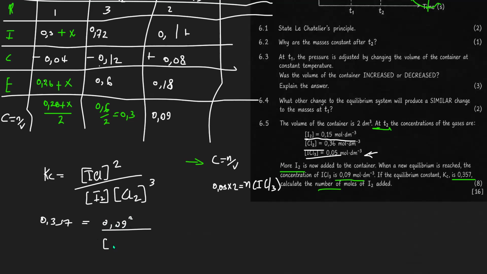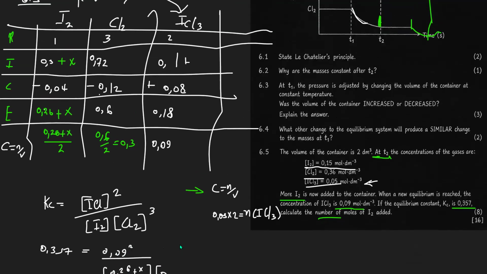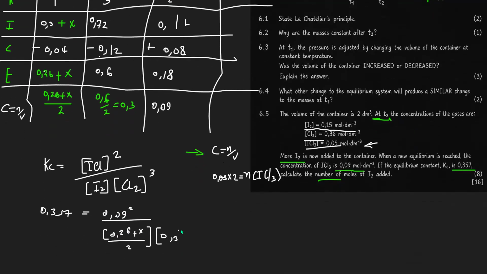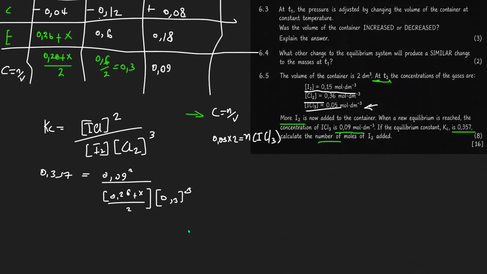This is going to be 0.26 plus X, divided by 2, and then multiplied by Cl2, which is 0.3. Cl2 is 0.3, to the power of 3. Then solving for X here should be simple.